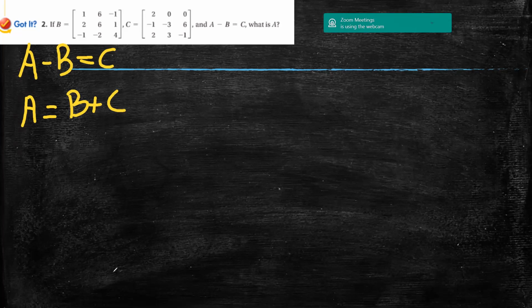So matrix B is 1, 6, -1, 2, 6, 1, -1, -2, and 4.